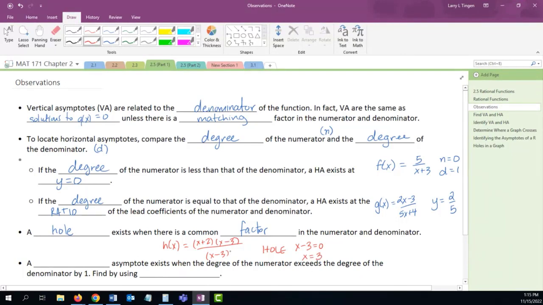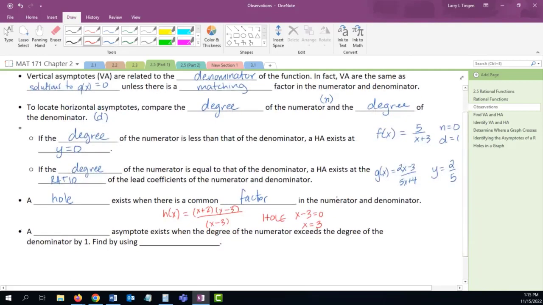Once you determine the x value of the factor that matches in the numerator and denominator, you take what you have found, this 3, and plug it into the reduced form of your function. What would that look like? Well, I've got x minus 3 over x minus 3, and those go away.